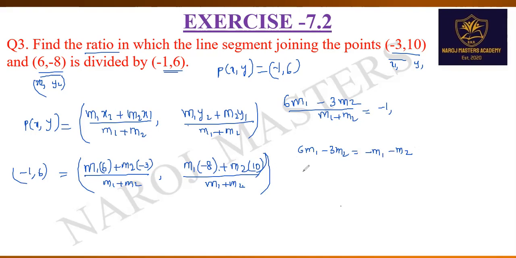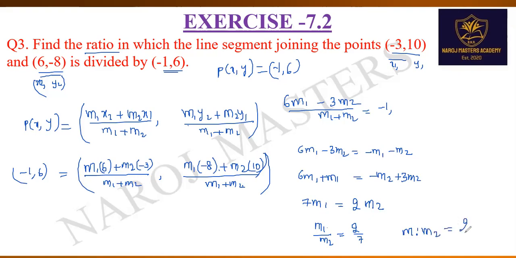Then 6m1 plus m1 is equal to minus m2 plus 3m2. So this is 7m1 is equal to 2 times m2. So m1 by m2 is equal to 2 by 7. So the ratio m1 is to m2 is equal to 2 is to 7.